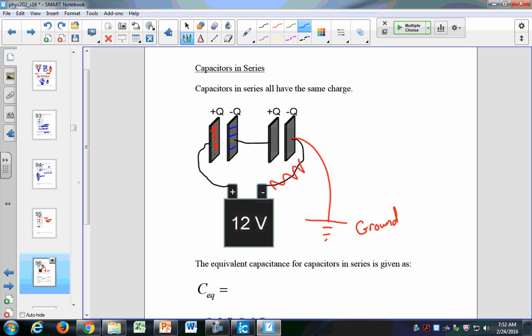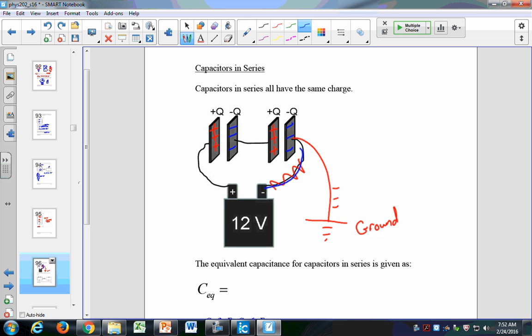It's an induced charge, just like we dealt with in Chapter 1. So I'll get 3 positive charges here, and then this plate is going to suck up 3 negative charges onto it from the ground. So you can think of it as hooked up to a ground, or you can think of it as hooked up to the battery. It's largely the same.